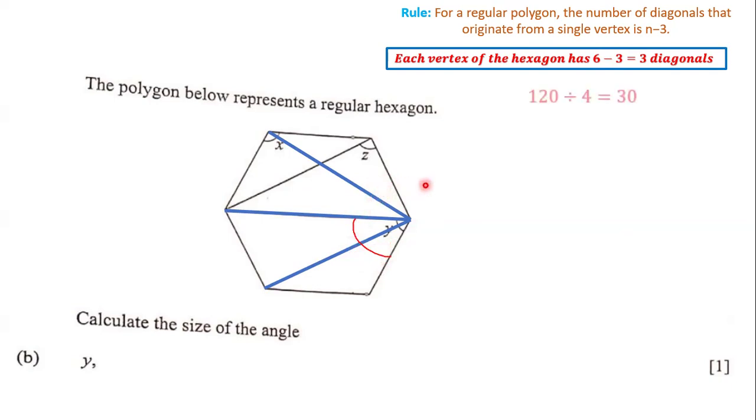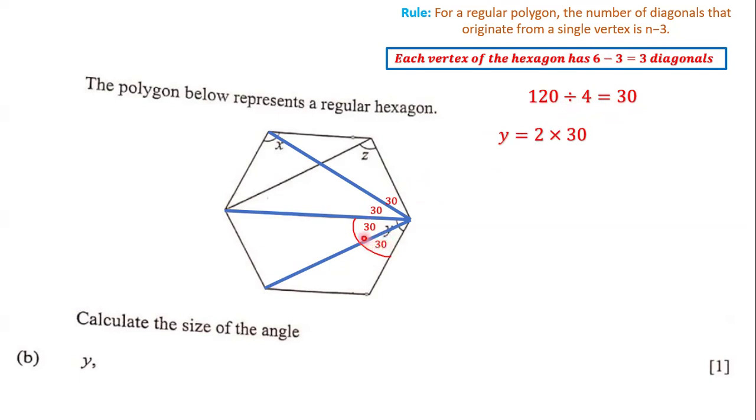So in order to figure out the size of each of those little spaces, we take 120 and divide it by 4, which equals 30. So each one of these little spaces is equal to 30 degrees. This is 30, this is 30, this is 30, and this is 30.